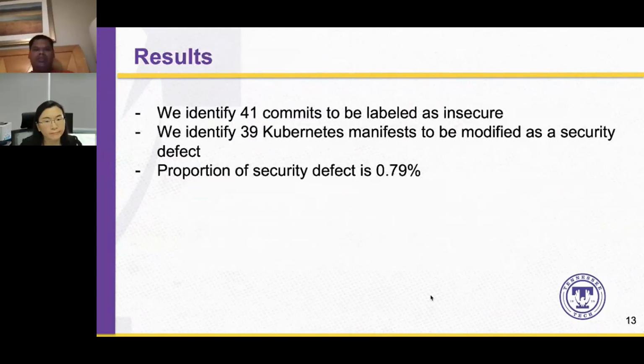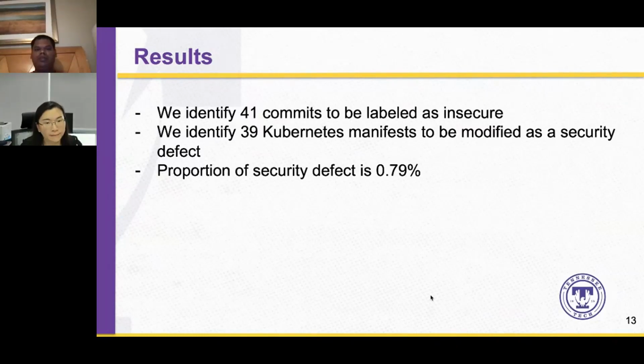The surprising result was that we didn't find a lot of commits where developers expressed an action related to security. According to our qualitative analysis, out of the 5,000 commits, only 41 were labeled as insecure by our two raters. Those 41 commits were used to modify 39 Kubernetes manifests.